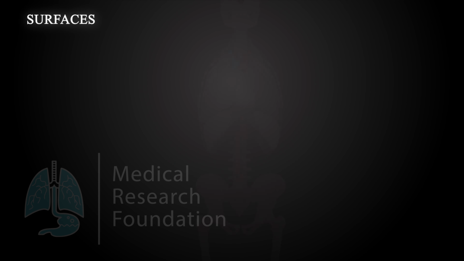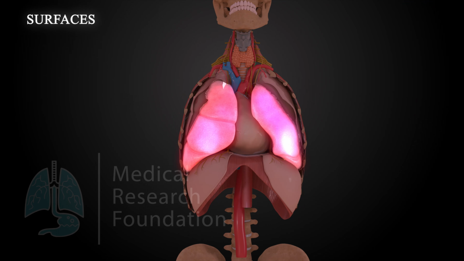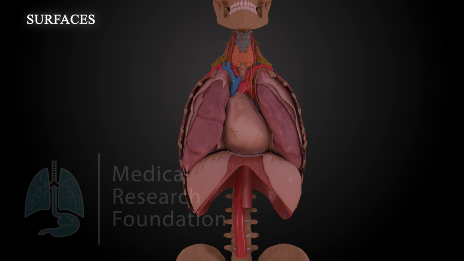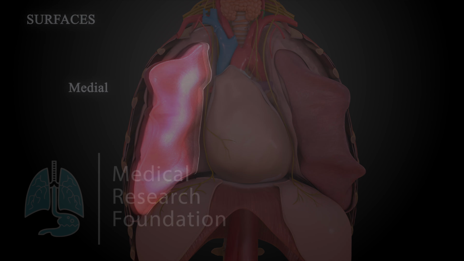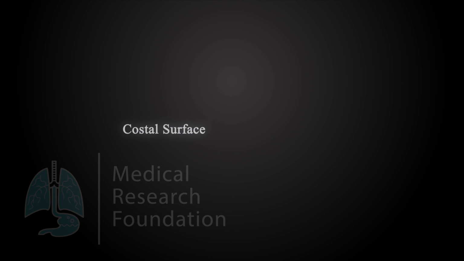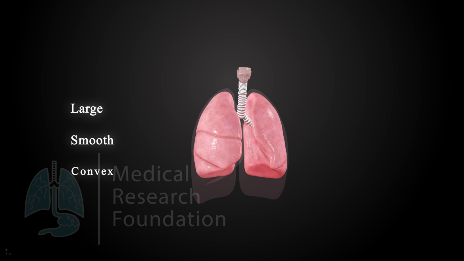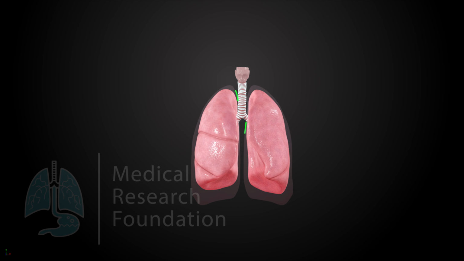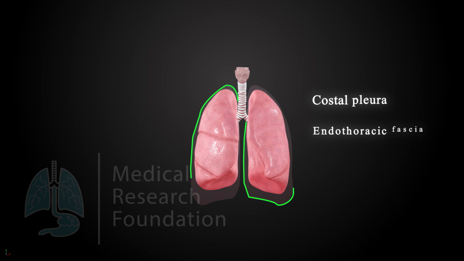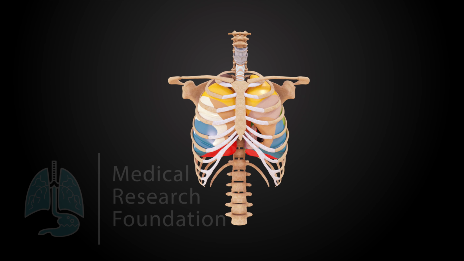Surfaces. The surfaces of the lungs are costal and medial. Costal surface. It is large, smooth, and convex. It is covered by the costal pleura and endothoracic fascia. It is related to the lateral thoracic wall.